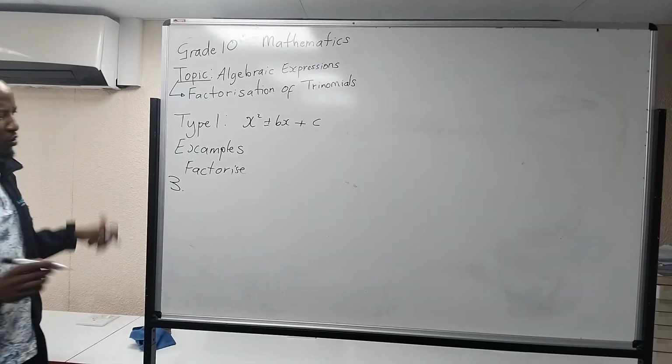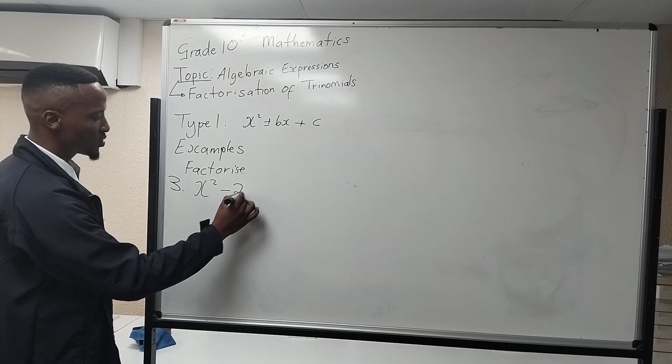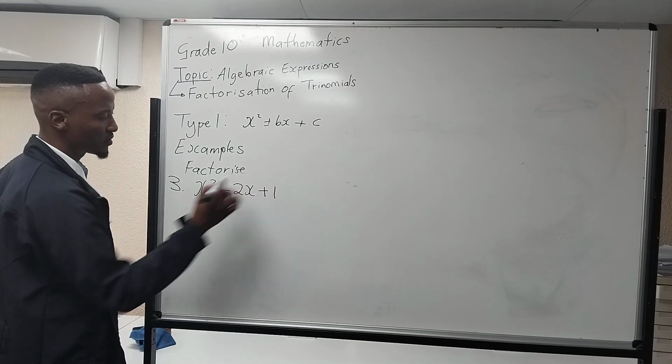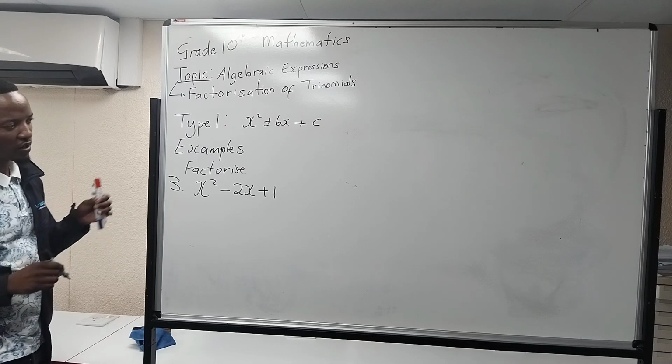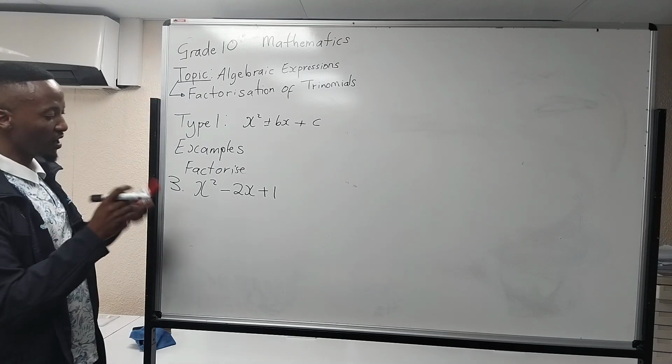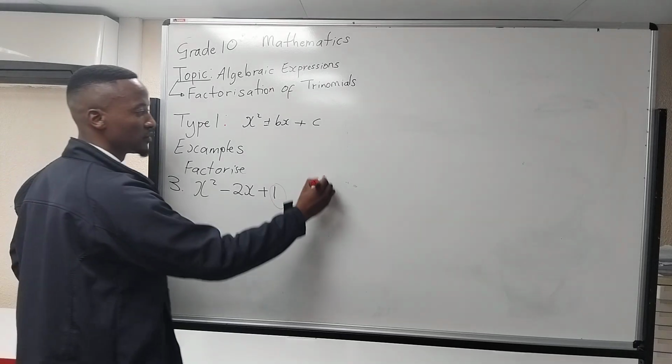Example 3, suppose we are given a trinomial x squared minus 2x plus 1, and we are required to factorize. Step 1, we look at the factors of 1.